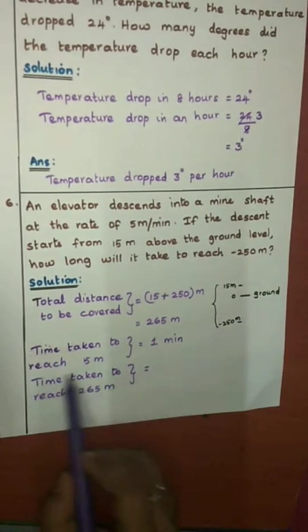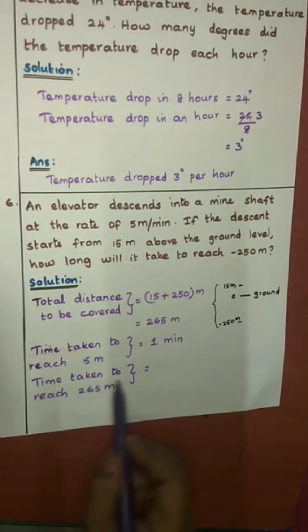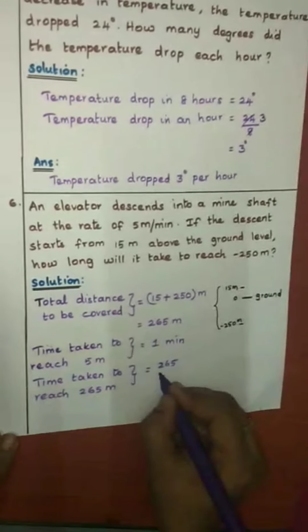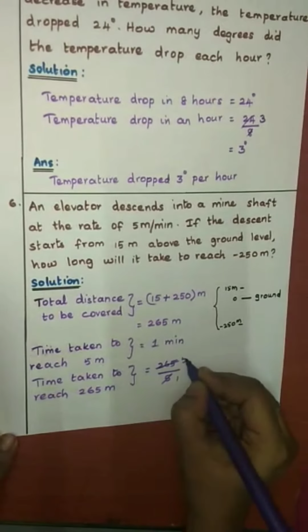Time taken to reach 5 meter is 1 minute. So how to find time taken to reach 265 meter? Divide 265 by 5. So how many times 5 goes in 265? 53 times. So the answer is 53 minutes.